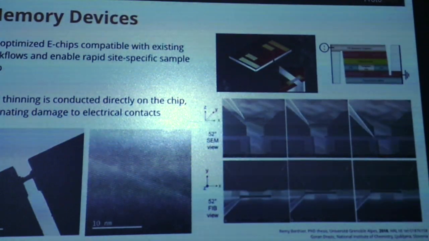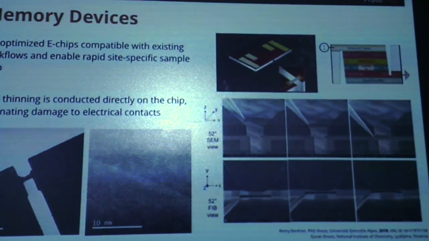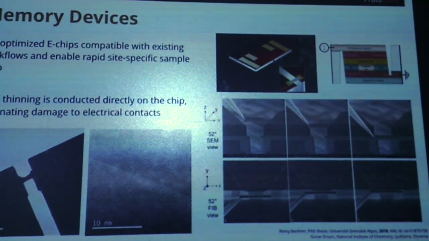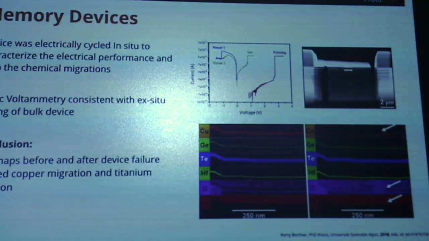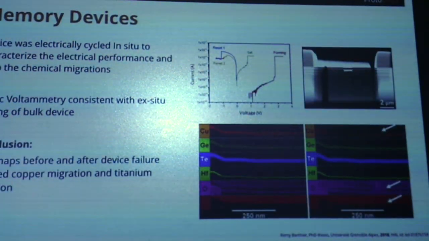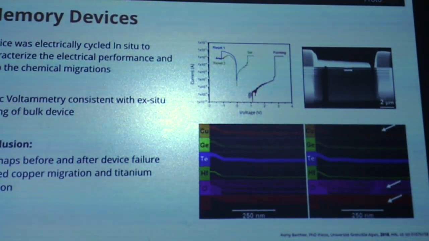Now, once they were attached to the sample, they could sort of cut preferentially through the different layers. So they could bias a single transistor, and this is what they're seeing in situ. So at the top, you can see the final device thinned to electron transparency. And on the bottom, I'm showing an EDS map, but just at the top, before I go into the actual result here, what they did is they characterized the sample and they went through the different cycles of forming one of these conductive filaments.